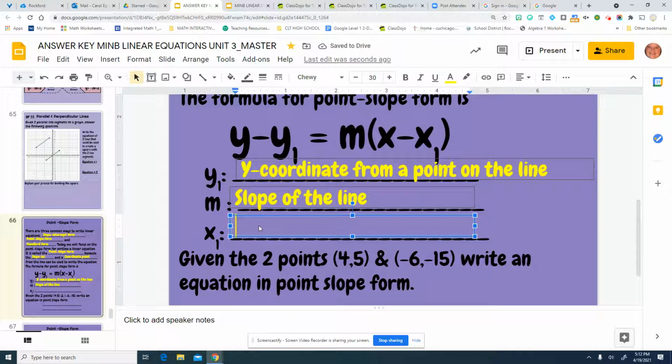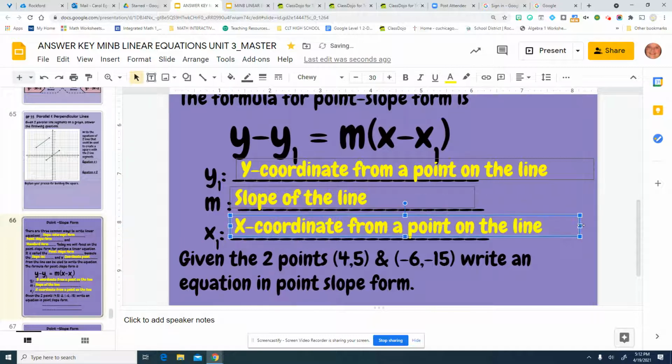And x1 is the x-coordinate from a point on the line. And of course, this x1 and this y1 need to come from the same point. If we have more than one point, we can't pull an x from here and a y from there. They need to be from the same ordered pair.